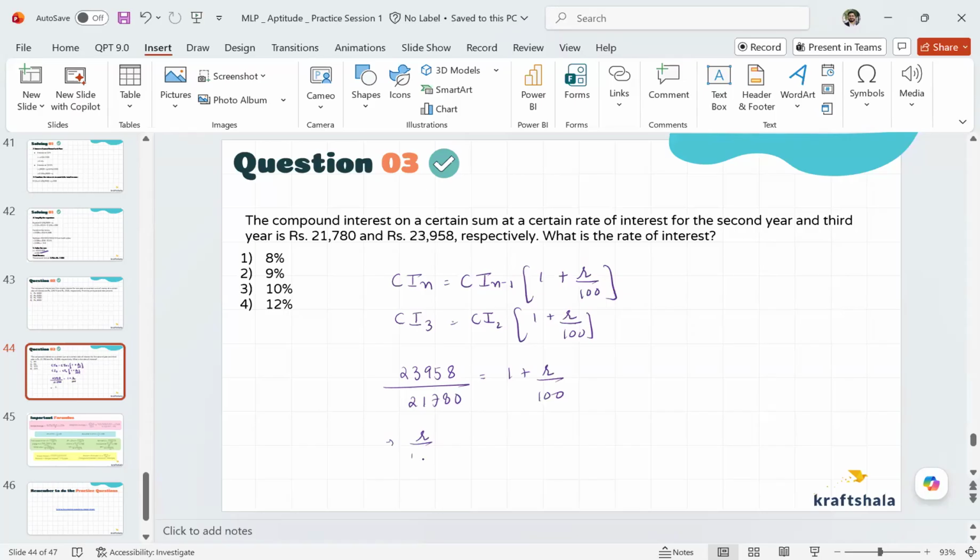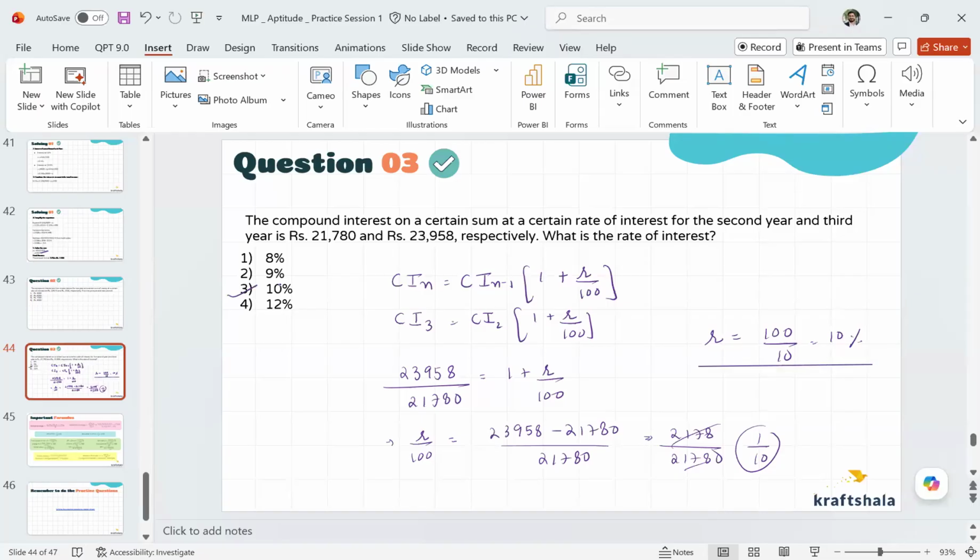That means R upon 100 is equal to (23958 minus 21780) upon 21780, right? This is going to give you 2178 upon 21780. Cancel out 1 by 10. So R is equal to 100 by 10. That means 10%. Is this clear?